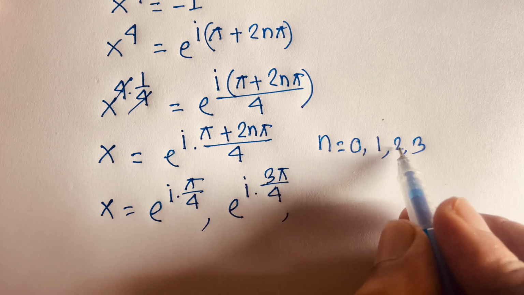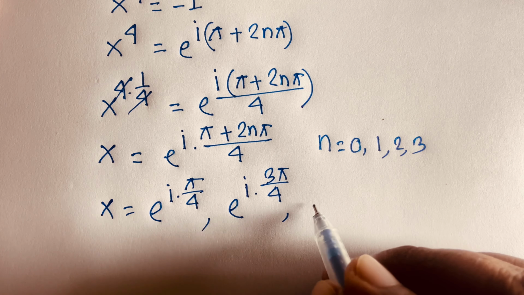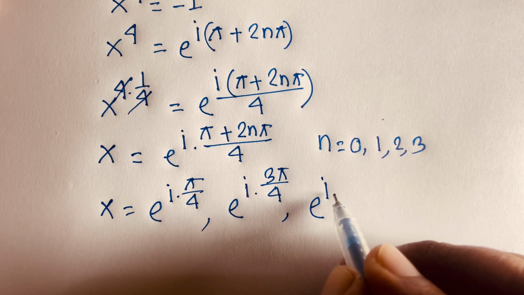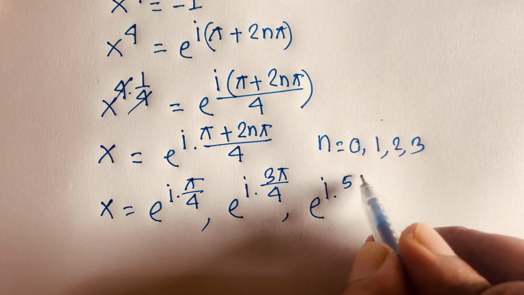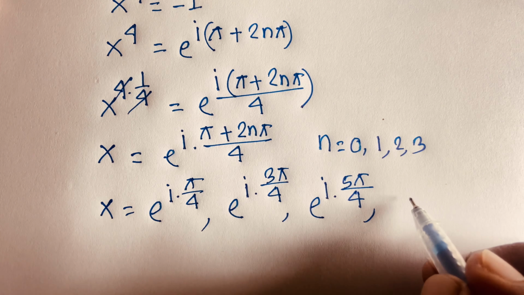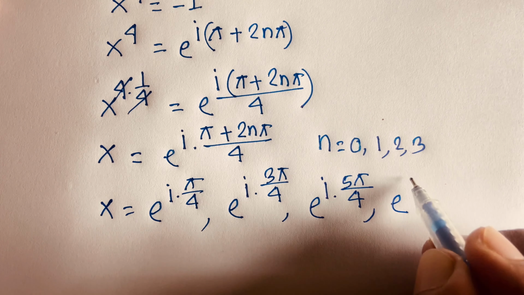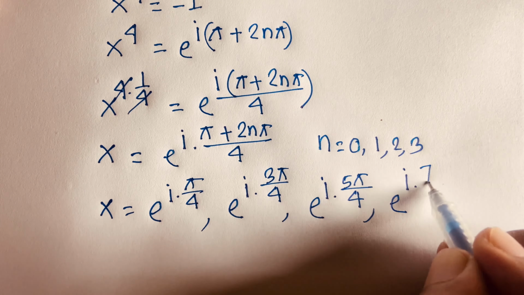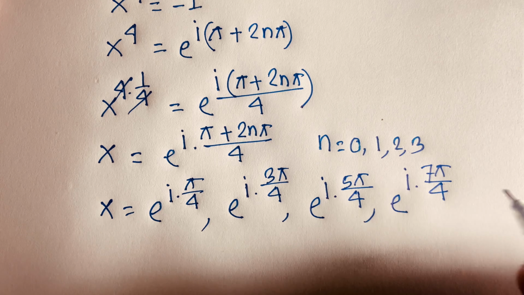Then when I use 2, this time we can say e to the power i 5 pi over 4, and again when I put 3, it will be e to the power i 7 pi over 4.